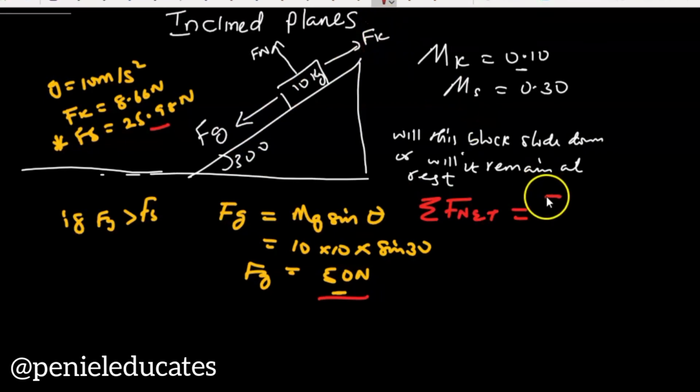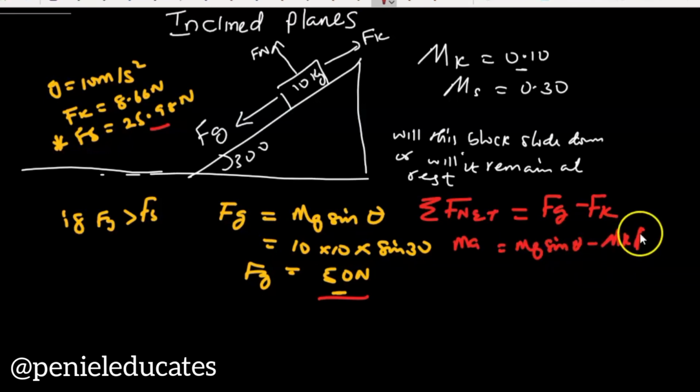So we're going to have our Fg minus Fk, which we've done before. Ma will be mg sine theta minus mu k mg cos theta. Cancel our m, and we're going to have a equal to g sine theta minus mu k g cos theta.